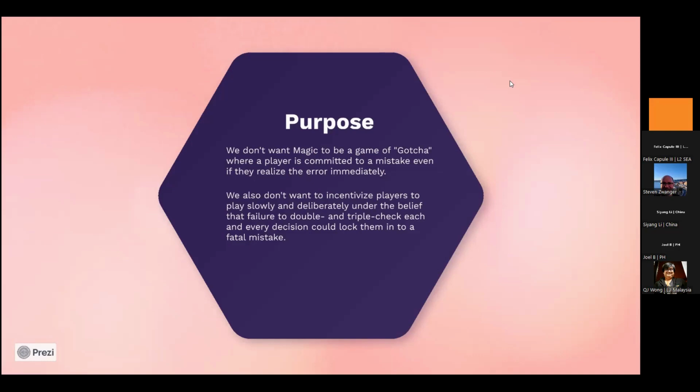They're just going to take more time. It's going to make the game slower and less fun for the players. And there's really no benefit to locking them into that mistake. So we have a policy that tells us how and when we can reverse decisions so that if a player makes a mistake and realizes it soon after, they can fix it. That's the general philosophy behind this policy.